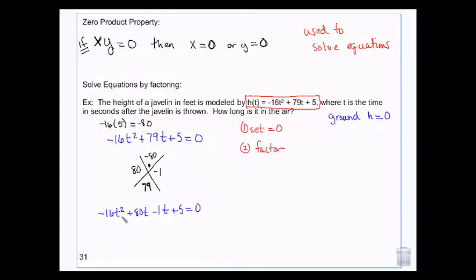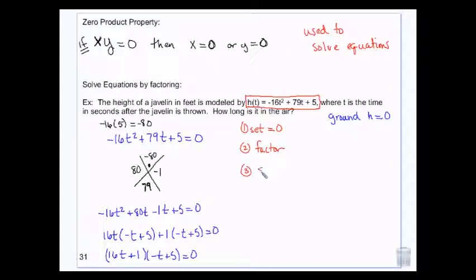And if I factor out my 16t, I'll get negative t plus 5. And if I factor out a 1 here, I get negative t plus 5. So I have 16t plus 1 times negative t plus 5 equals 0.